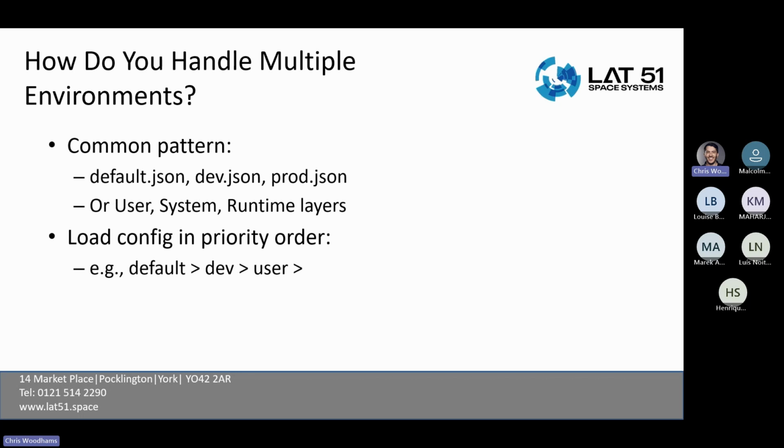Okay, so handling multiple environments. I'm quite familiar with the approach where you have a set of configuration files for production, for development, and for your CI. We had an application we were managing for an assembly line, and we had that process set up.